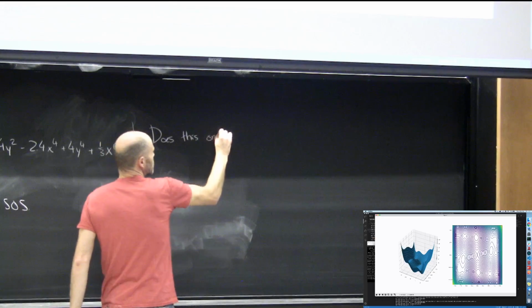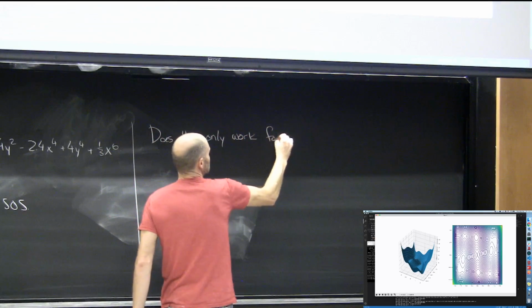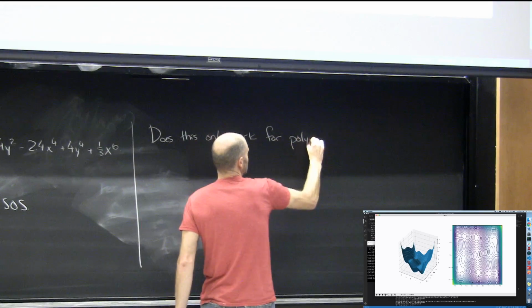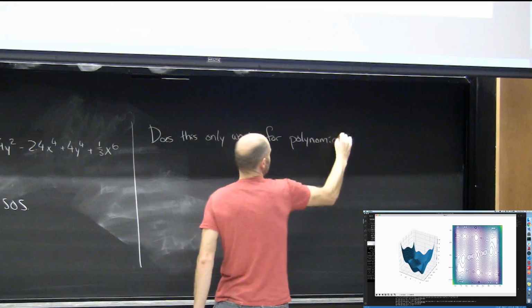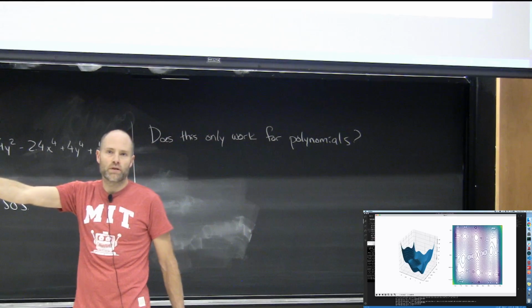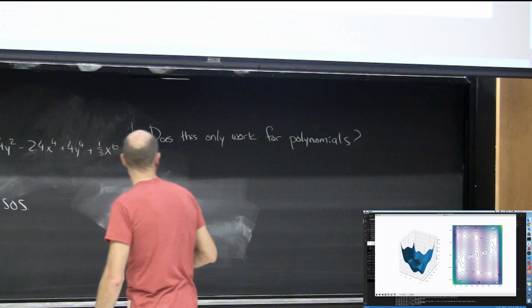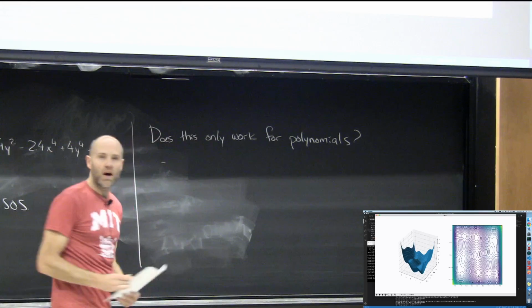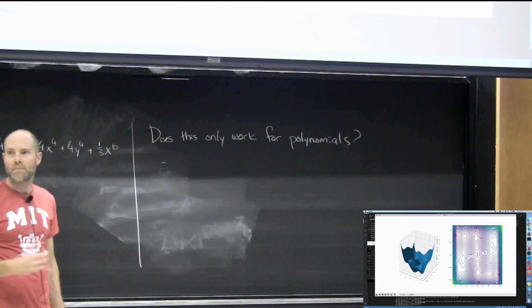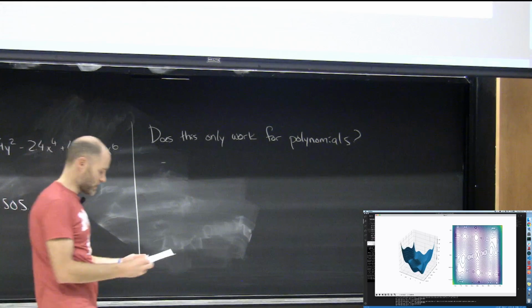Does this only work for polynomials? Because that trick of writing it in a quadratic form should work for any phi, right? Any m, whatever. The reason that polynomials are such a powerful class here is basically because we know what the basis function should be. That's one of the reasons, right?